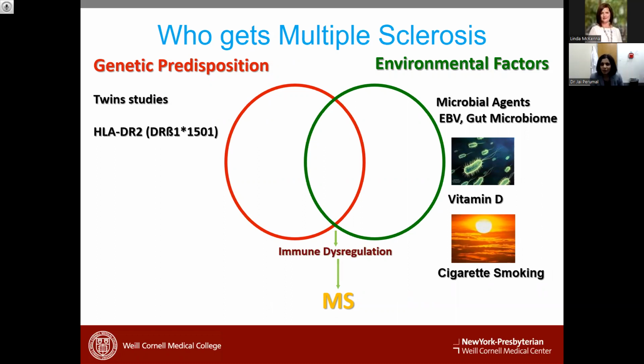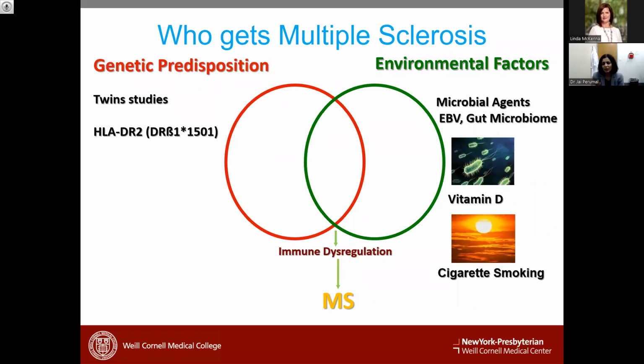Moving on to environmental factors, what have we looked at? Infections are the number one, especially viral infections, which have been looked at quite extensively. Recently, we had a couple of papers that again emphasize the risk of EBV or infectious mononucleosis.